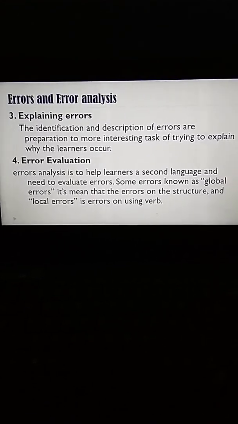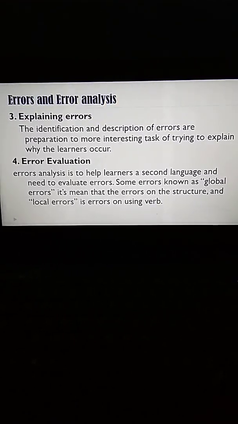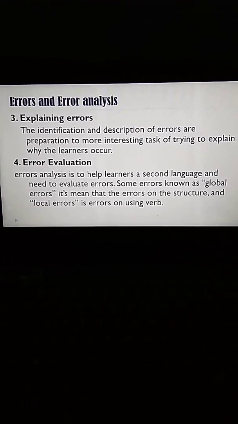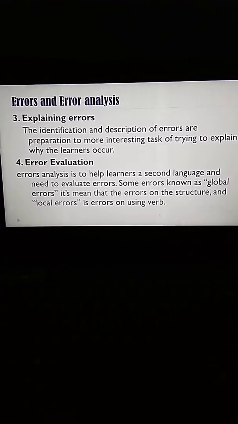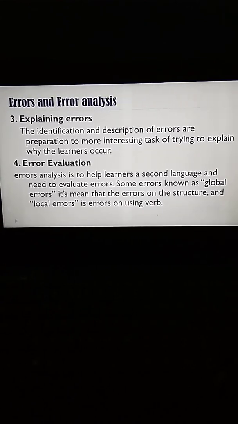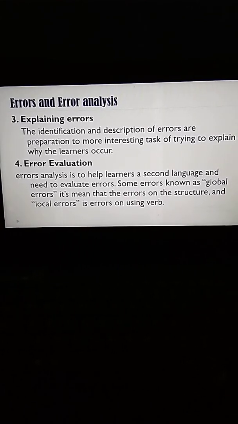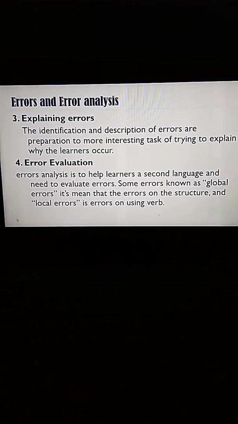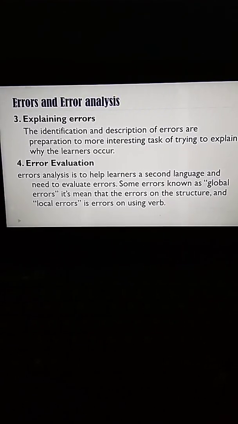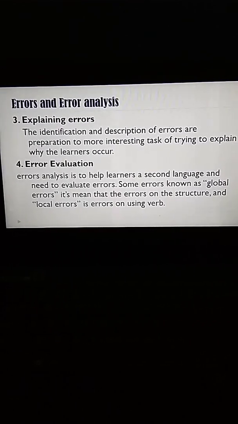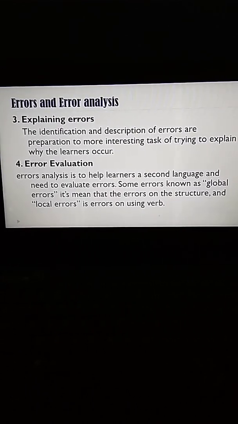Here, students explain the errors, what errors they make in sentences, in grammar or in writing also. And then the last is error evaluation.